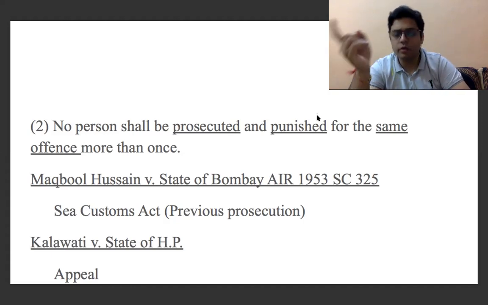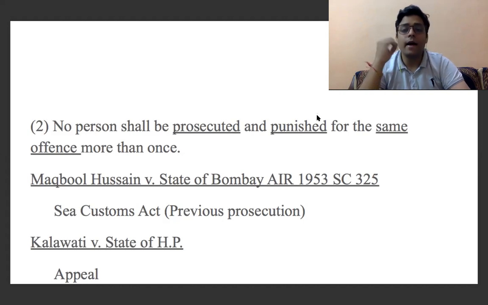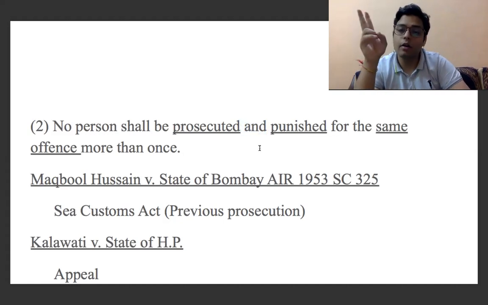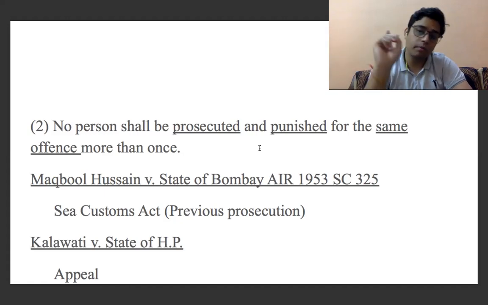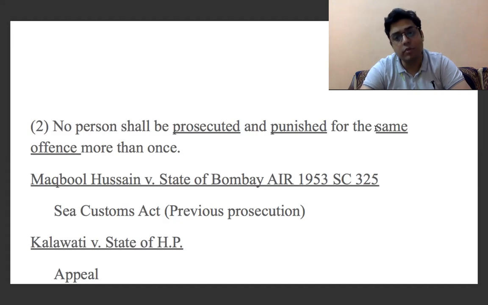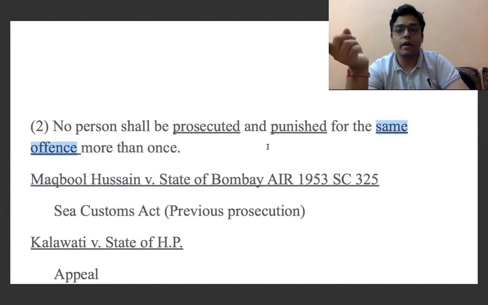I will tell you the meaning of prosecution. The term used is and, not or, so both are necessary: prosecution and punishment. The second requirement is that the person who is being prosecuted has to be punished also. And the third and the most important requirement is that it has to be for the same offense.